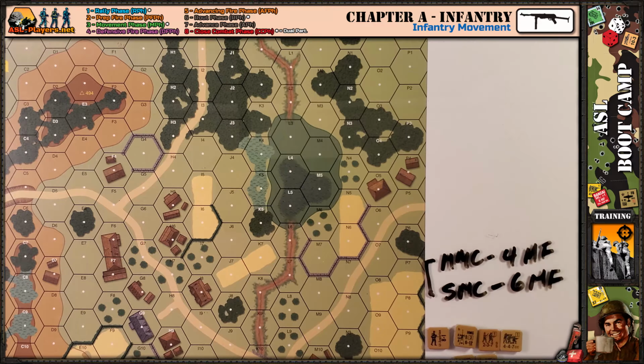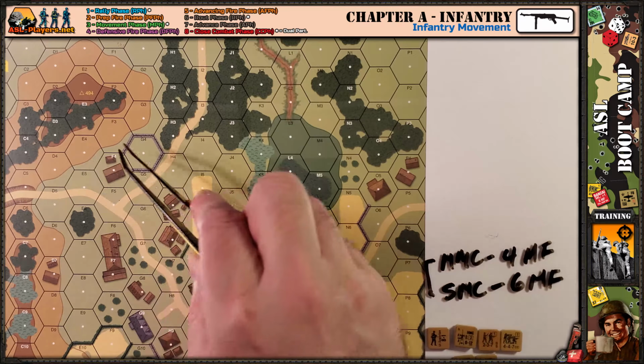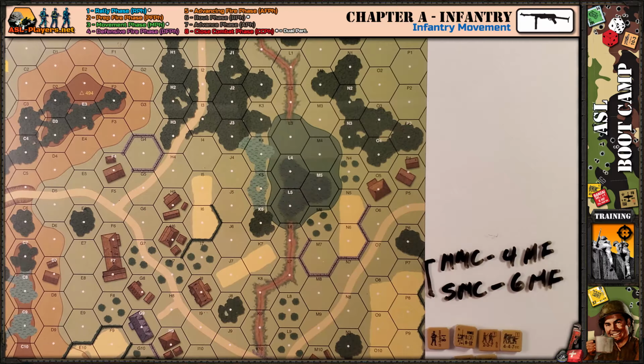Now that doesn't necessarily mean they can move 6 hexes. Each hex, depending on terrain, has a movement factor cost. And I should distinguish between movement factor and movement point, which is important. Whenever you see movement factor in the rulebook, it's speaking to infantry movement. Whenever you see movement point in the rulebook, it's referring to vehicle movement.